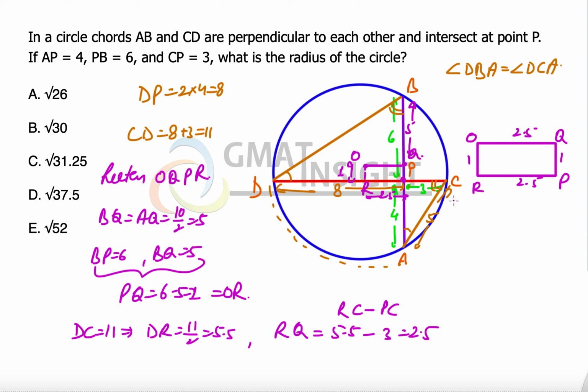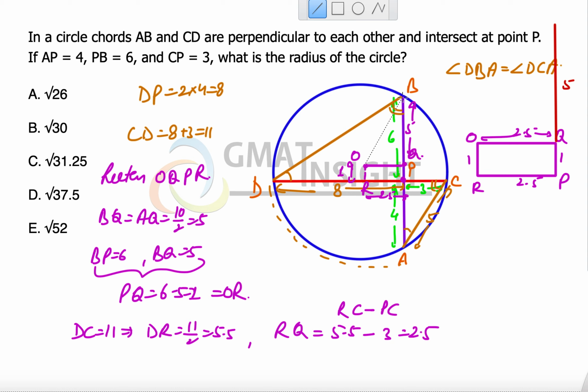Now let's quickly see what geometry we have here. OQ is known as 2.5, PQ is also known as 5. Let me draw this geometry here. PQ here is a geometry such as this. It has length 5, and the interesting part is, what if we join OB?